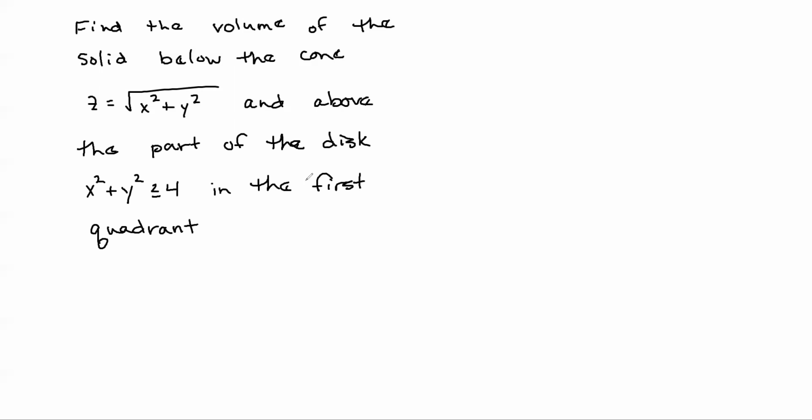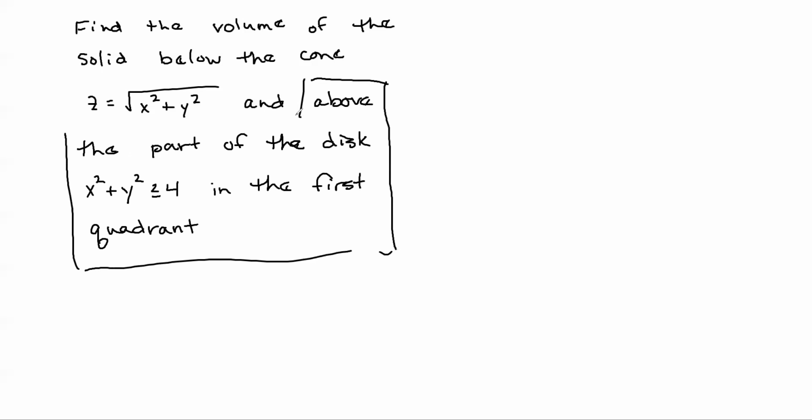You could just use the base that was described. So if it says above something, then they've given you all the information that you need about the base. The base is written right here, so you don't need to sketch the object.